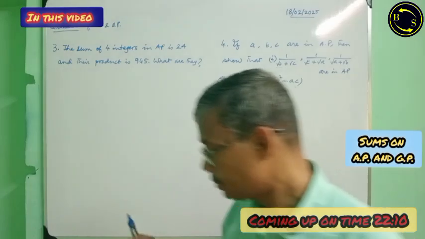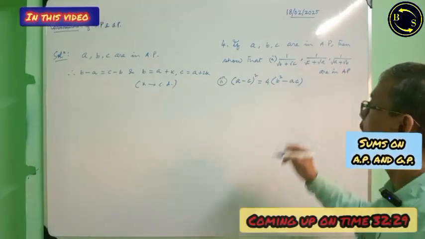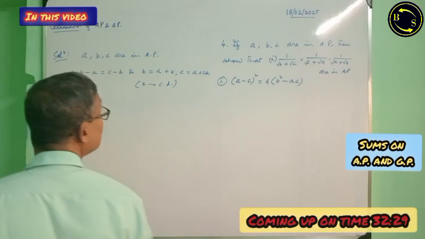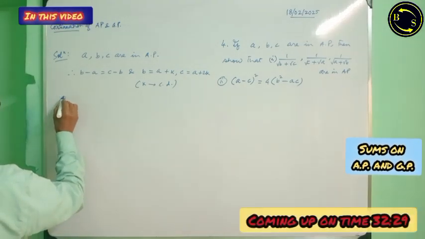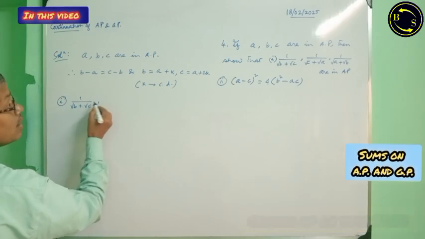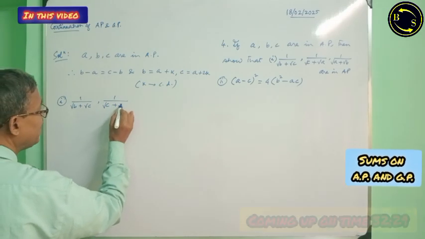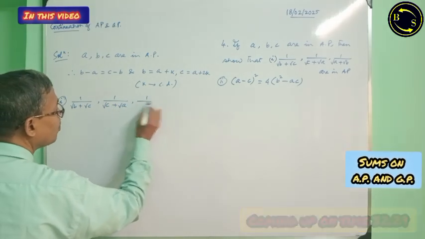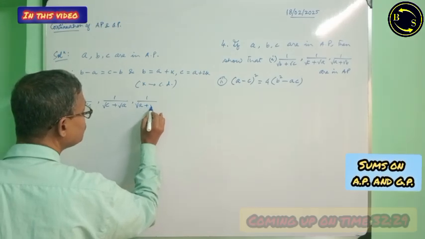Let me start. In the first case, we have to show these numbers are in AP. One by root b plus root c, 1 by root c plus root a, 1 by root a plus root b.